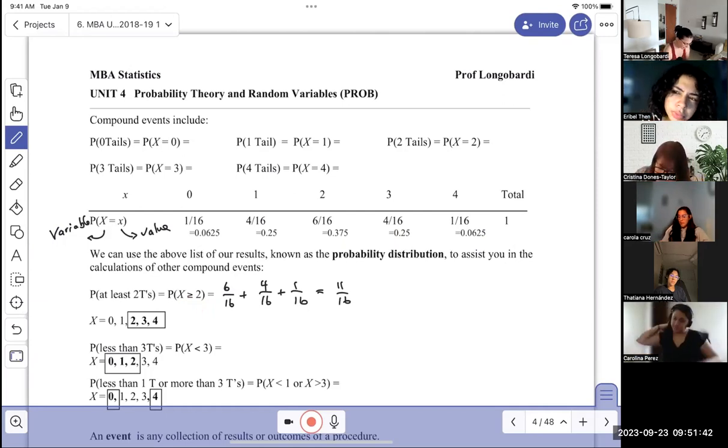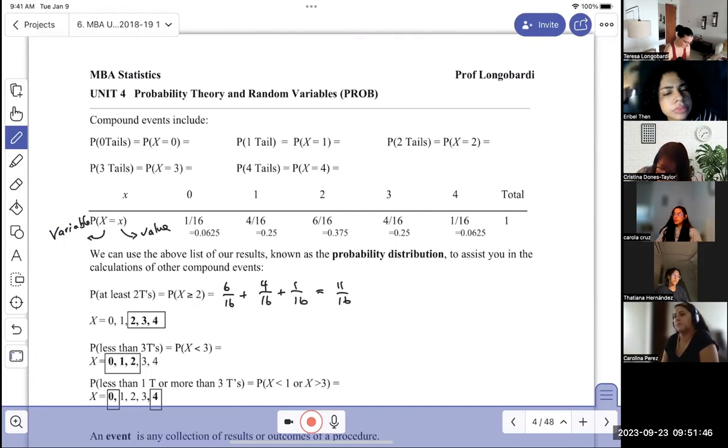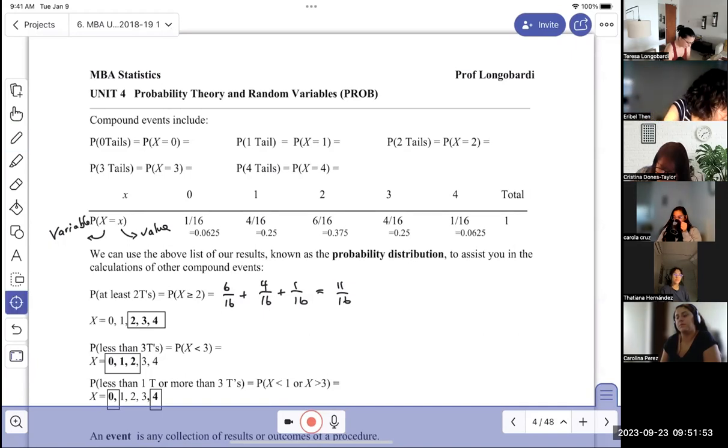Questions about this so far? So I created a probability distribution. Those are the possible outcomes. And then I can look at what I call compound events, combining those simple outcomes into events.